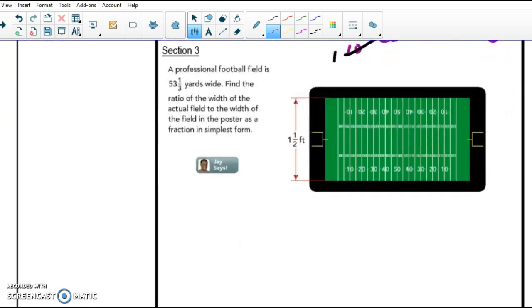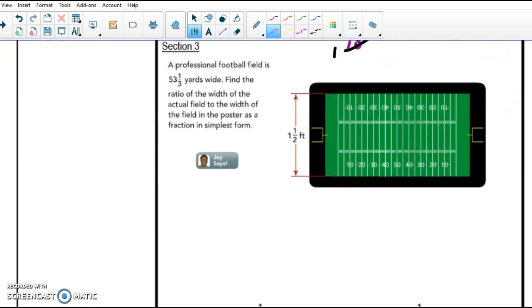All right, the last thing to keep an eye out for is when we have ratios with different units of measurements. So if a professional football field is 53 1/3 yards wide, we want to use that information to find the ratio of the width of the actual field to the width of the field in this poster here. And we're going to write it as a fraction in simplest form.